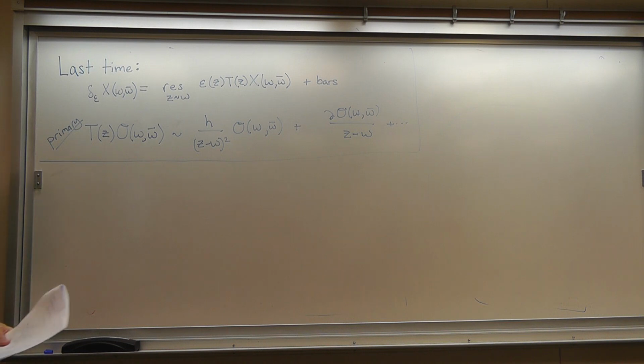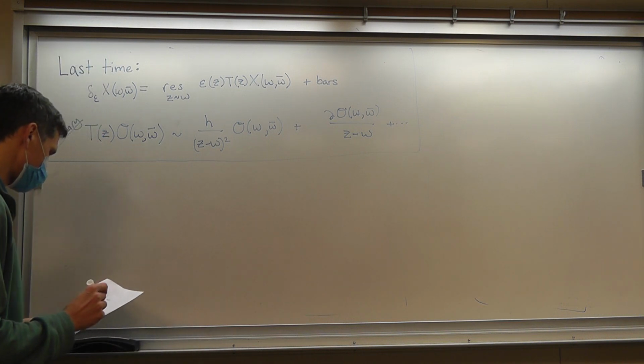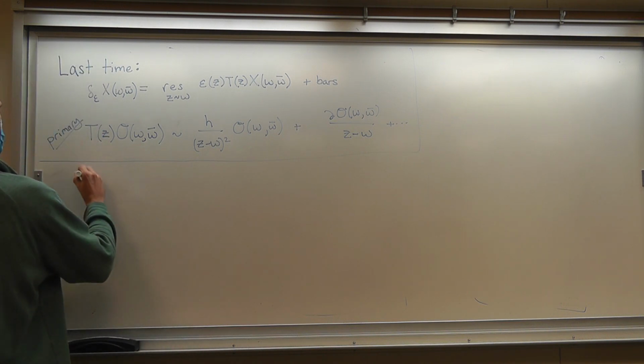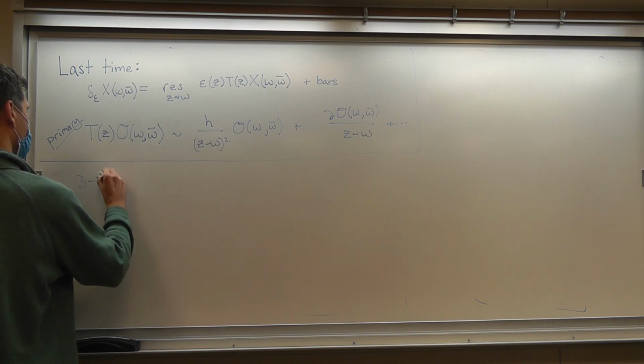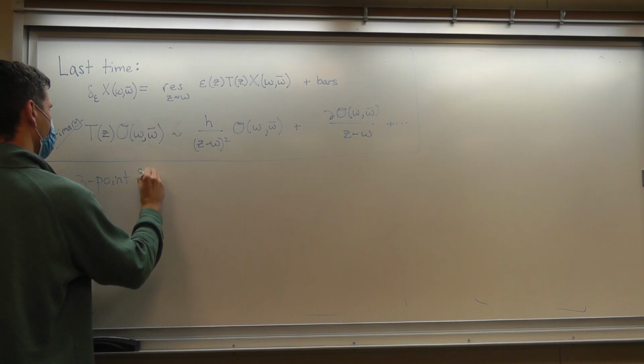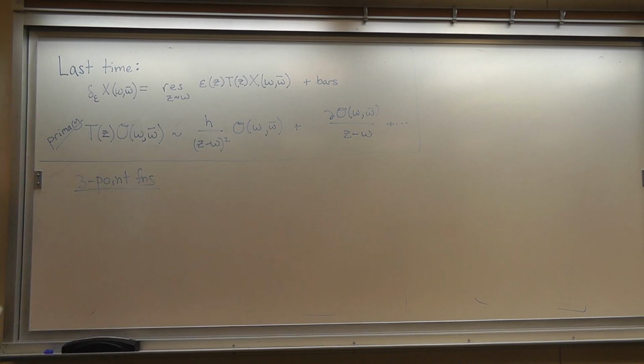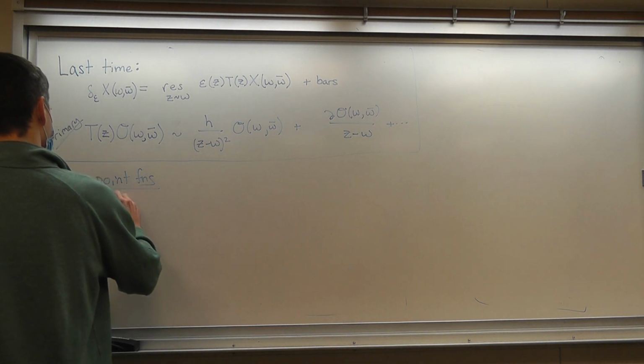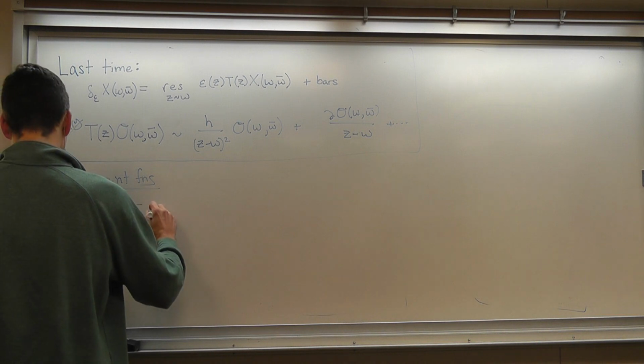There's one more equation, which is an example of this, that I want to get on the board so that we can just refer back to it later. Okay, and this is the 3-point function of a stress tensor with primary operators.